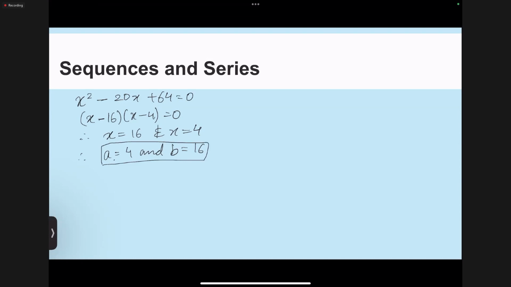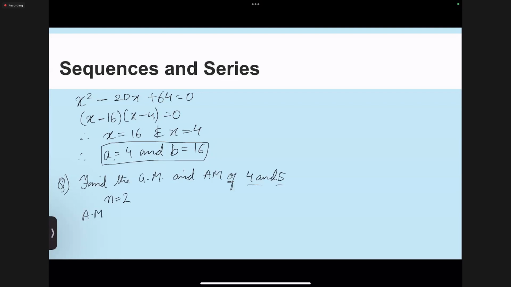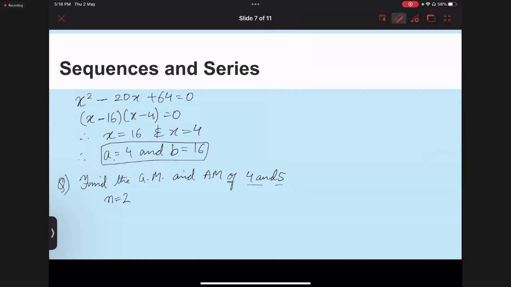These are the two integers that we have. So you can see that using the relation between arithmetic mean and geometric mean, it is easy to find the geometric mean and arithmetic mean of 4 and 5. First, your AM is going to be (4 plus 5) upon 2.